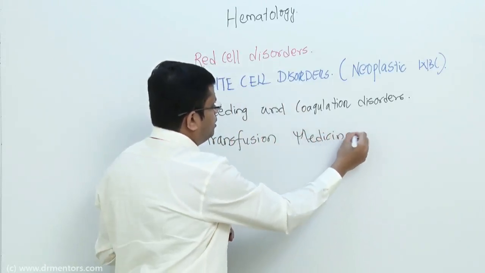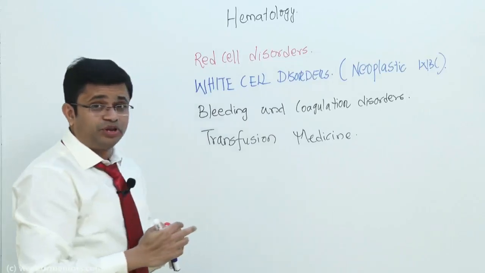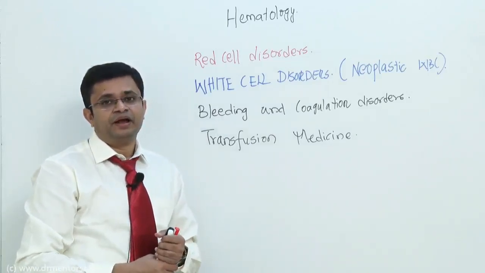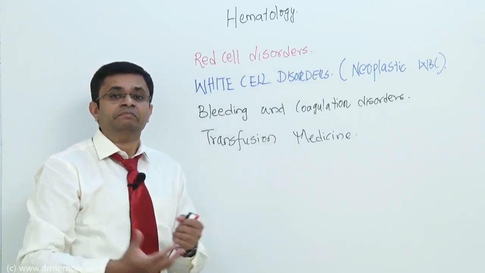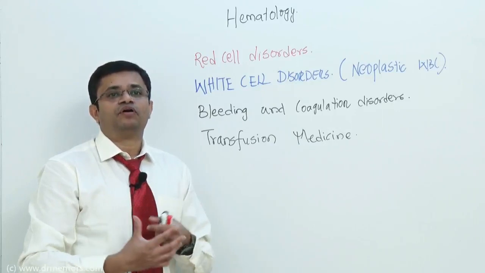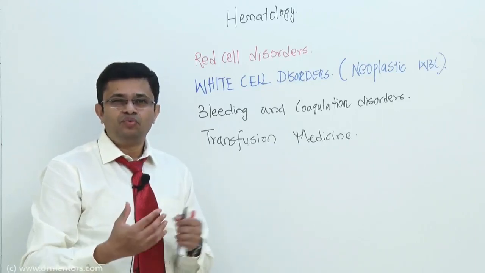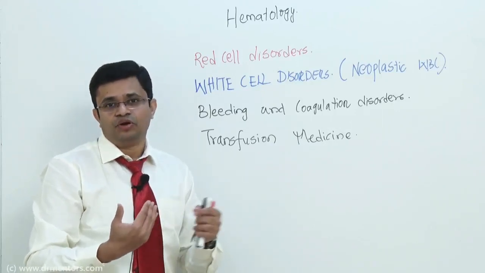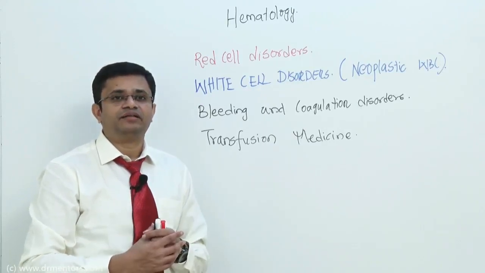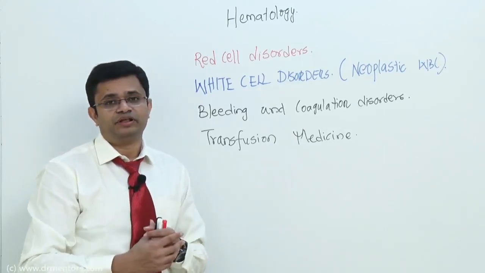In transfusion medicine, we'll be talking about the various blood groupings, how the blood groupings are classified, and what is the basic workup we do when we go for blood transfusions, and how do we assess the compatibility of the donor and recipient. Then we'll try to understand the various blood components.